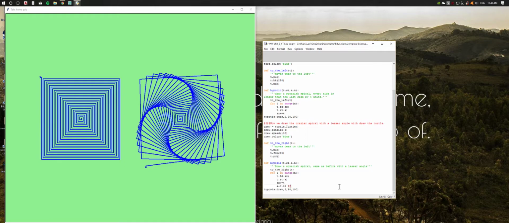This A minus equals 0.02 is essentially a way of saying A equals A minus 0.02. Okay? And this is size equals size plus 4.